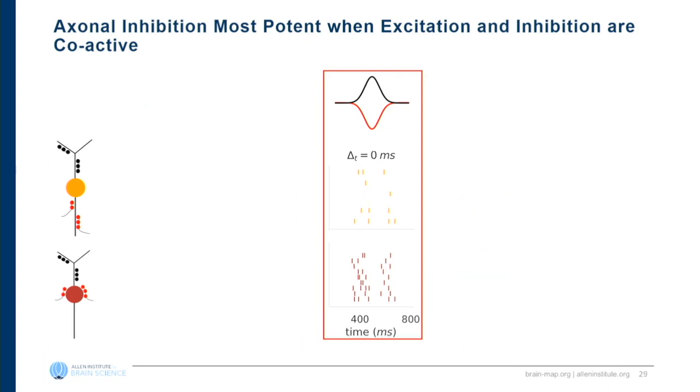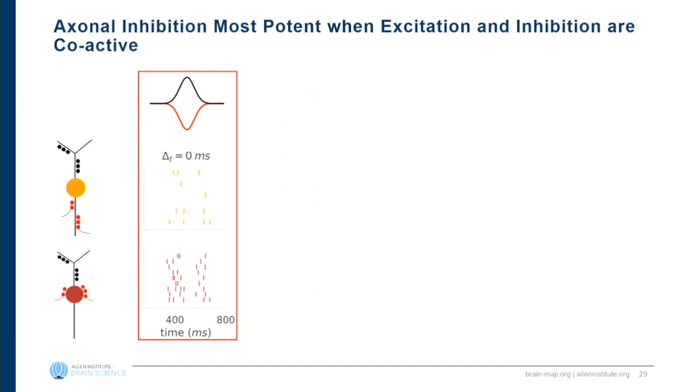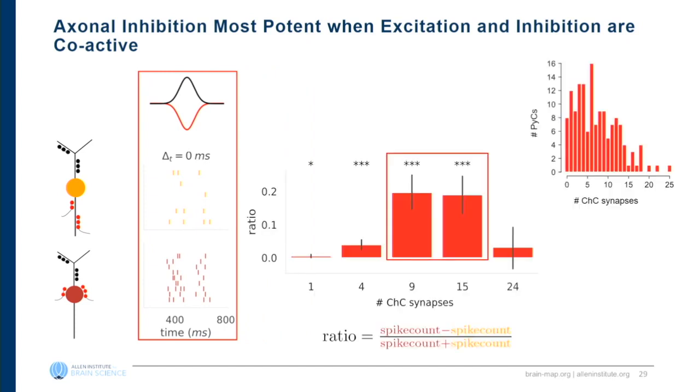So if we focus on this particular case and look at the statistics in our simulation, we see that in a moderate inhibition regime, this axonal inhibition is at least 20% more effective than the somatic inhibition. And this moderate inhibition regime is also representative of the chandelier synapse distribution that Casey showed earlier in his data.